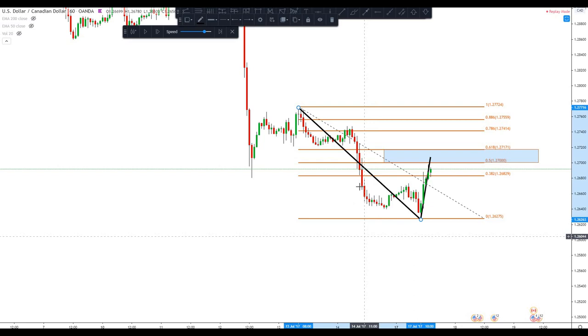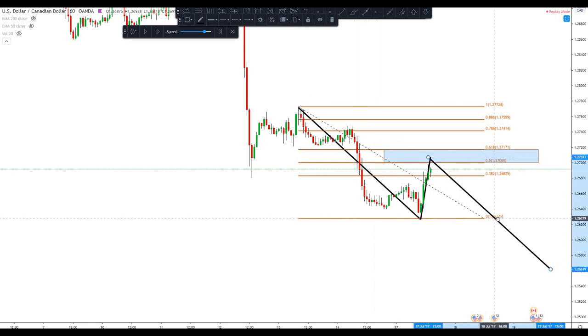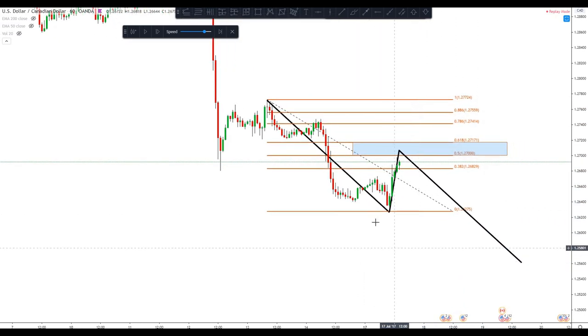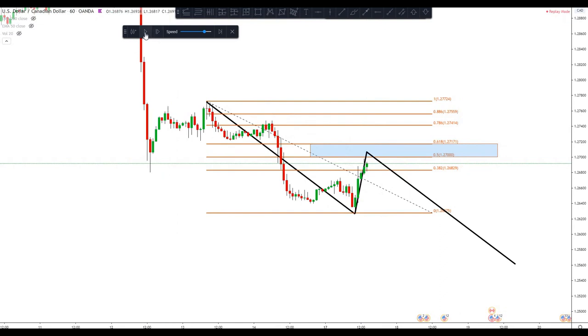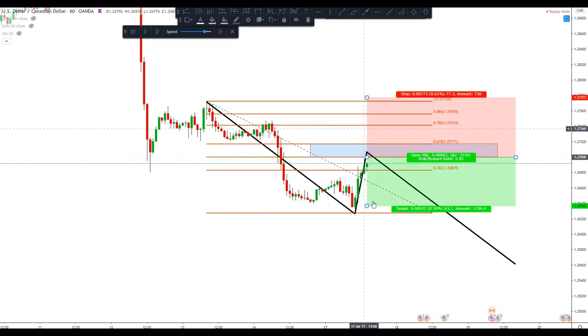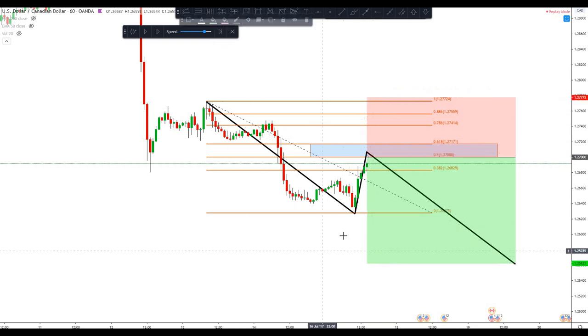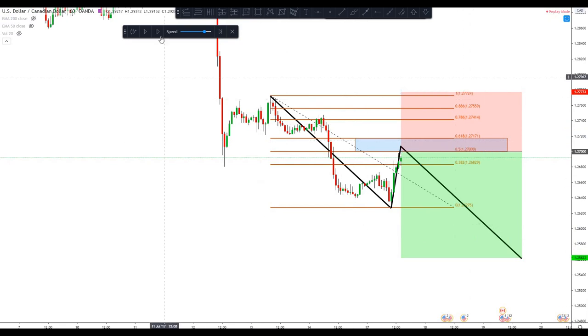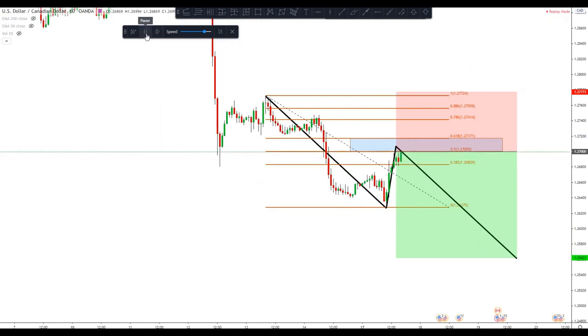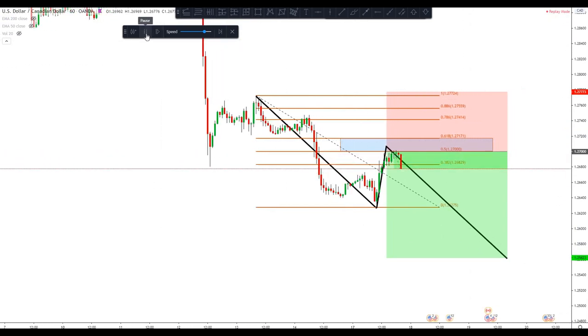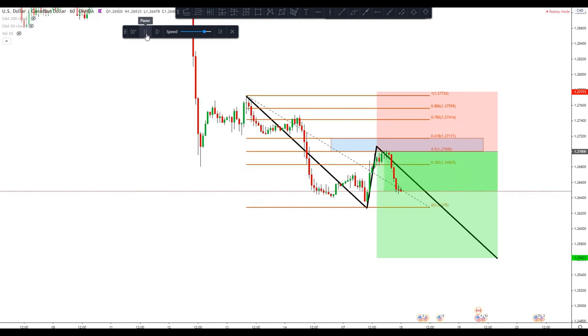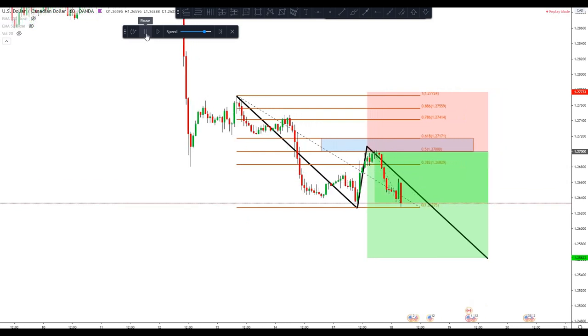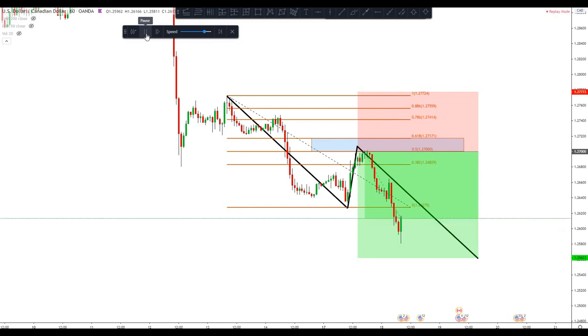So we are going to target an equal move to the downside. And let's see how this performs. We're going to sell here, stop above the high because that would create an uptrend if it broke that high, and then our equal move to the downside is our target. Okay, we made a new low.